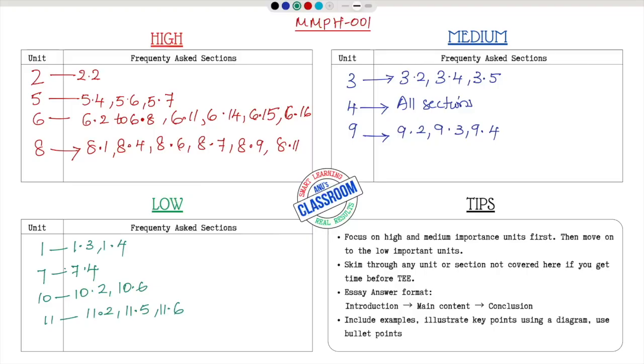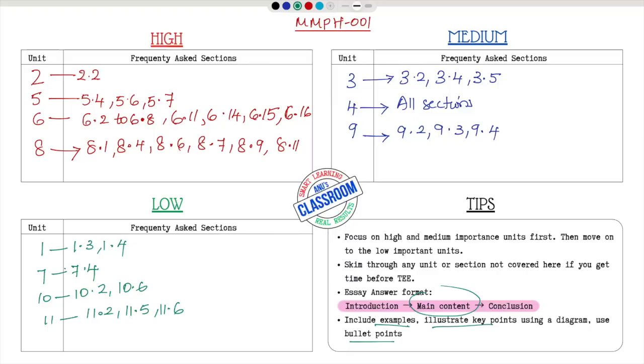Also, while you're writing answers, make sure you start with an introduction, then move on to the main content, and finally end with a conclusion. Also, depending on your question, divide the main content into as many sections as is possible for you. Even if the question doesn't ask for examples, include them. If it is possible, illustrate the key points using a diagram or use bullet points.